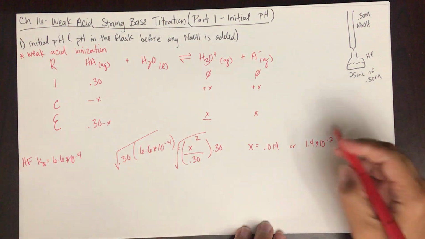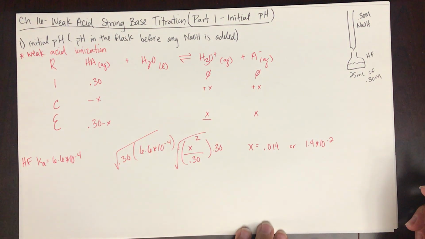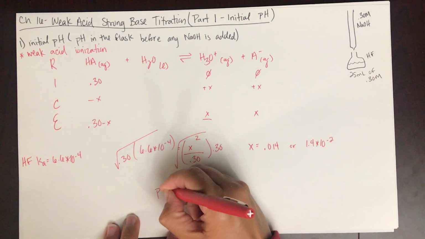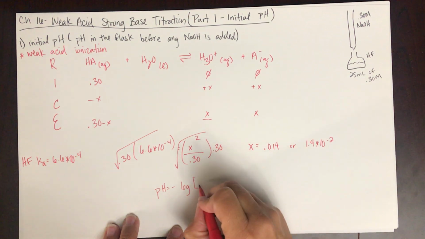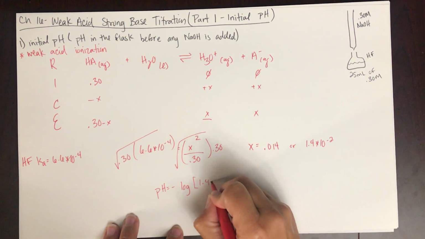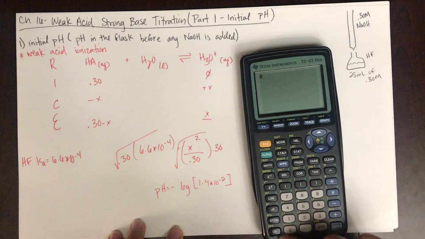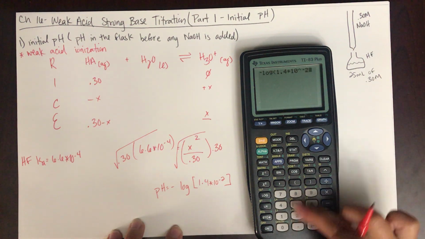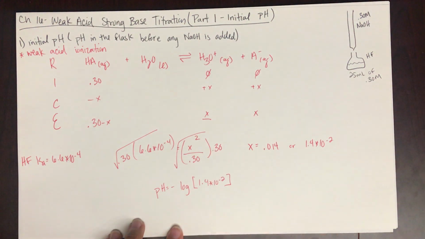So here is my X, the hydronium ion concentration at equilibrium. To solve for the pH, we're going to say pH equals the negative log of the hydronium ion concentration, 1.4 times 10 to the negative 2. Negative log of 1.4 times 10 to the negative 2 is 1.853.